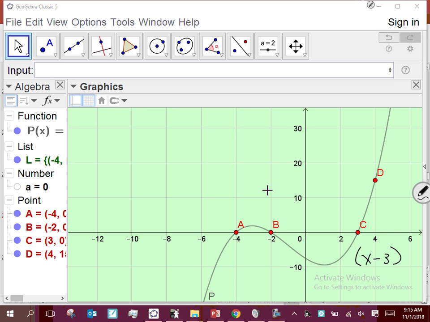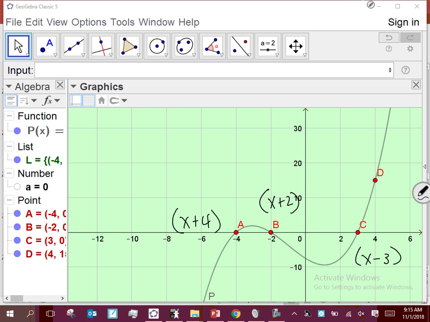If -2 is a zero, then x minus that is a factor of my polynomial. C is -4, and that's a zero, and x minus that is a factor of my polynomial, right?